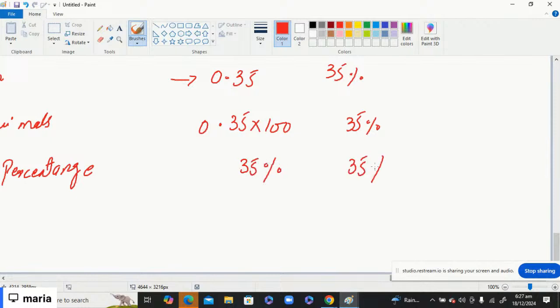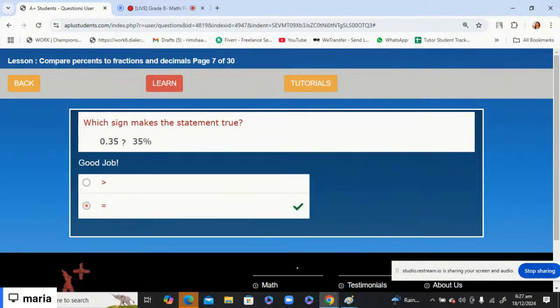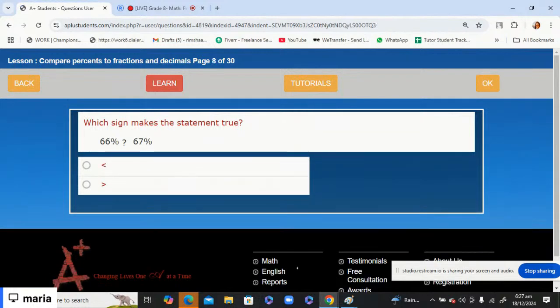Here is the answer 35 percent. These both are equal. So these both are the same. 66% is greater or 67% is greater? 67% is greater and 66 is less.